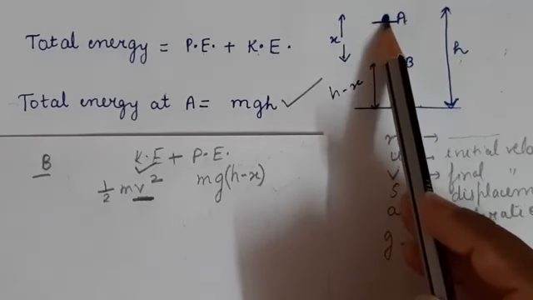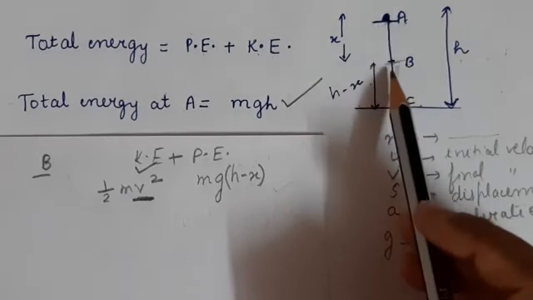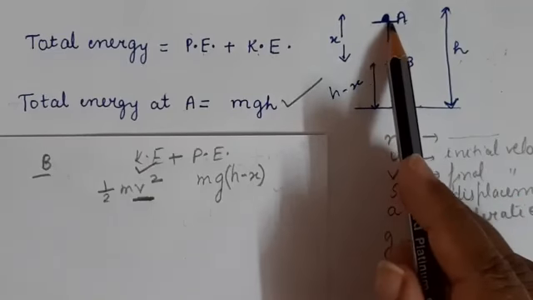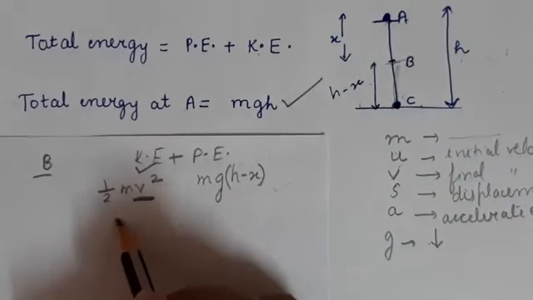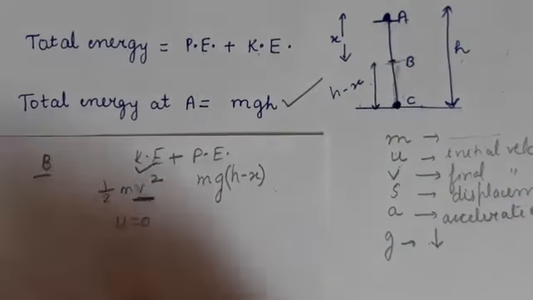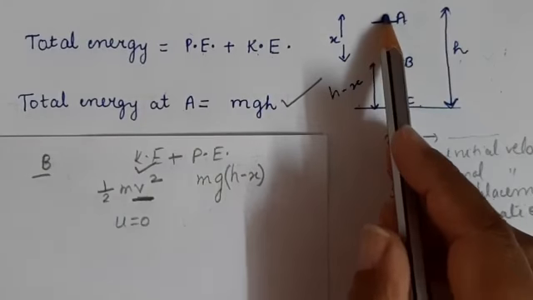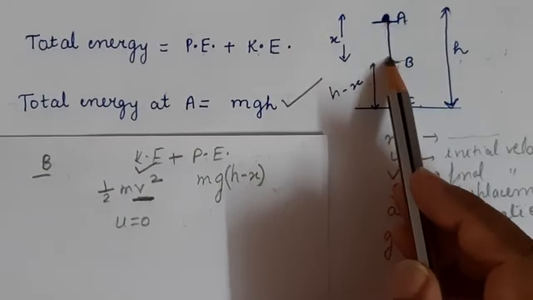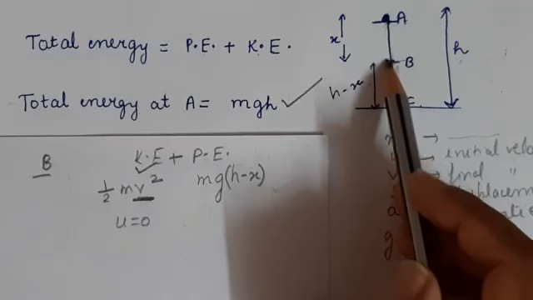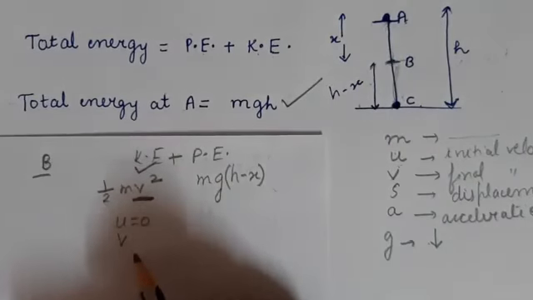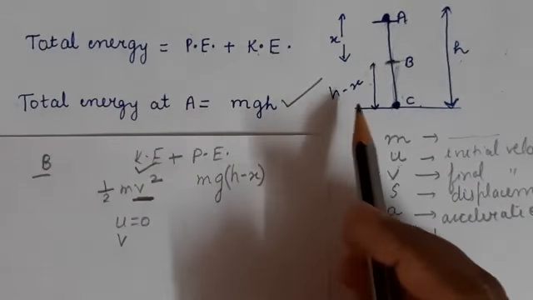Initial velocity at point A is 0. At point B, the initial velocity will be 0 because it is falling from point A. And let v be the final velocity at point B.